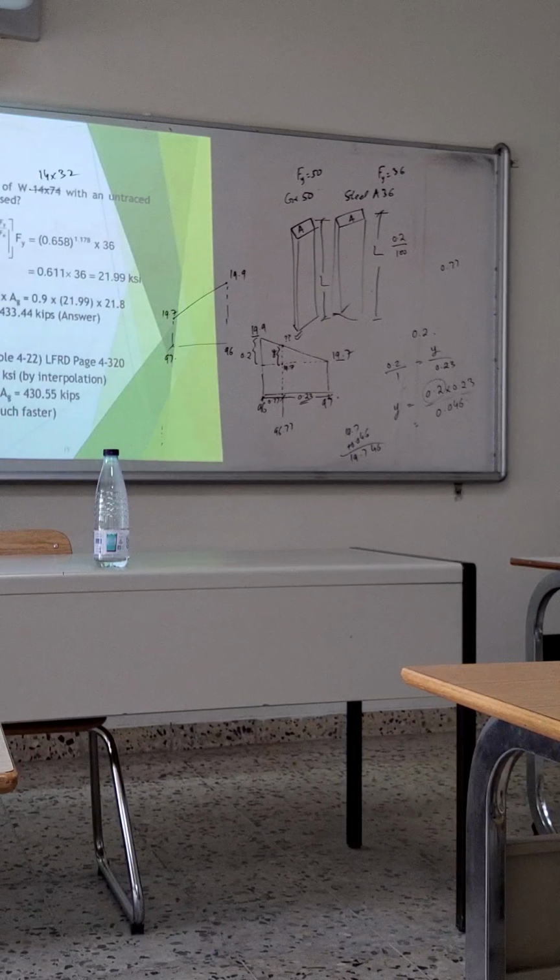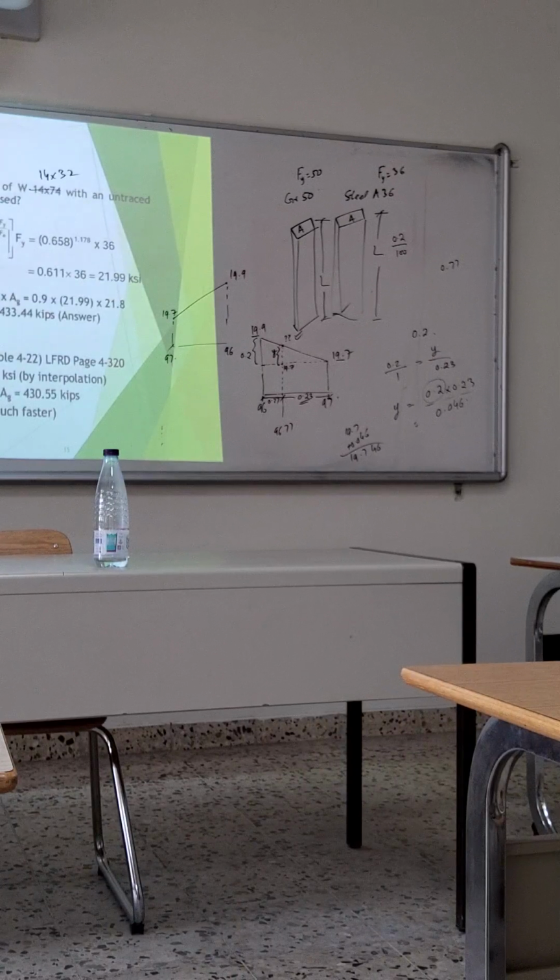Then you can calculate KL by R. How much is this value? Calculate 240 upon 3.76.